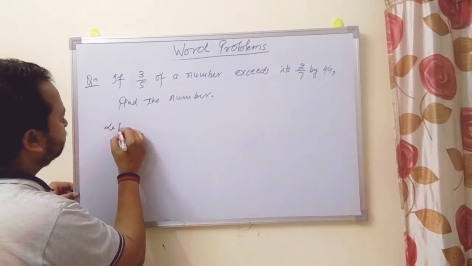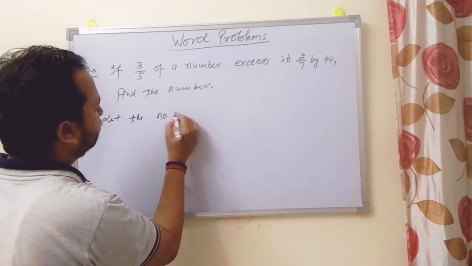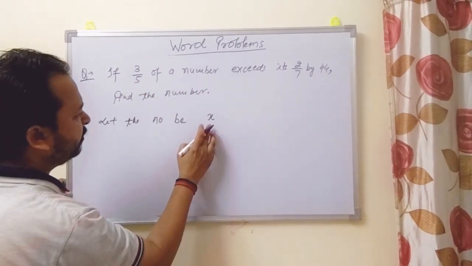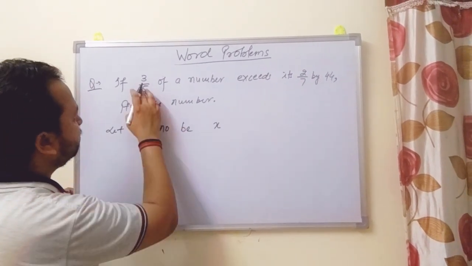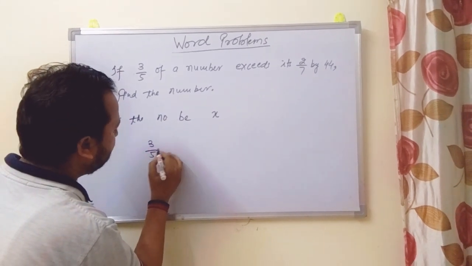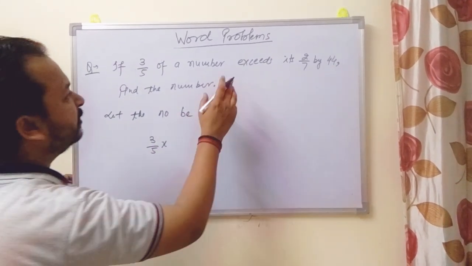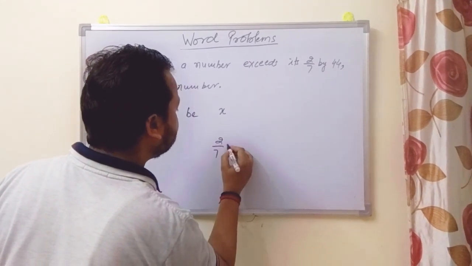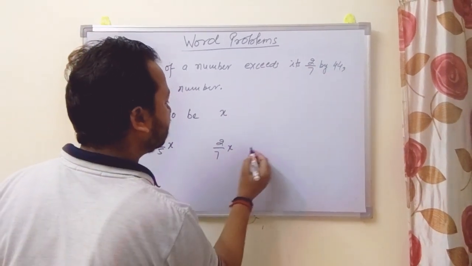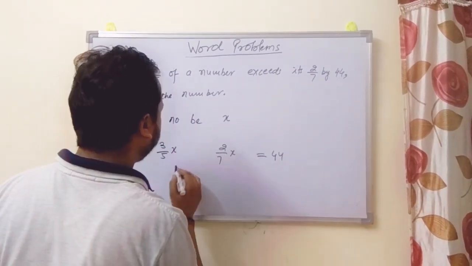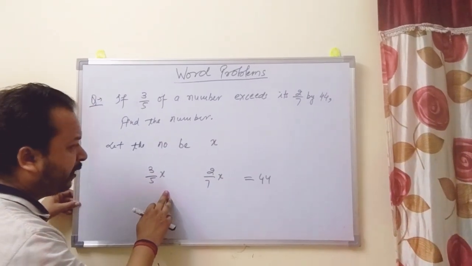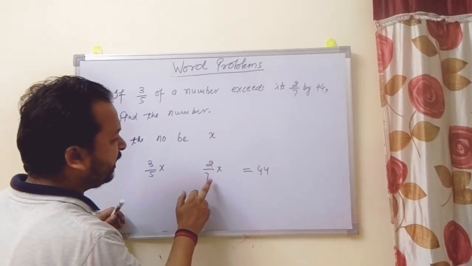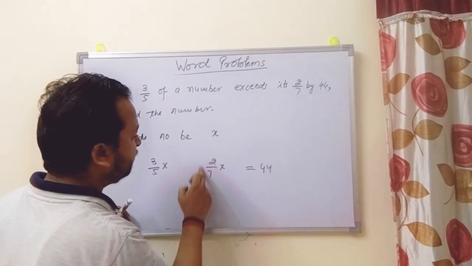So first let the number be x. 3 by 5 of a number, the number is x, so 3 by 5 of x exceeds 2 by 7 of x by 44. It means this number is greater than that number by 44.